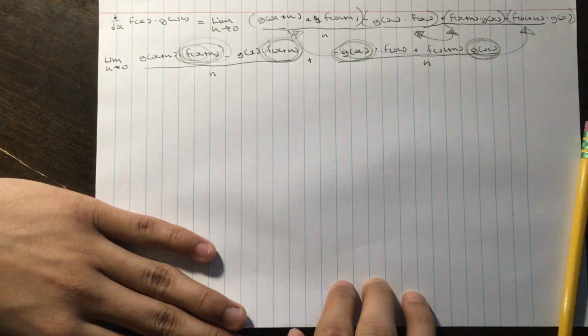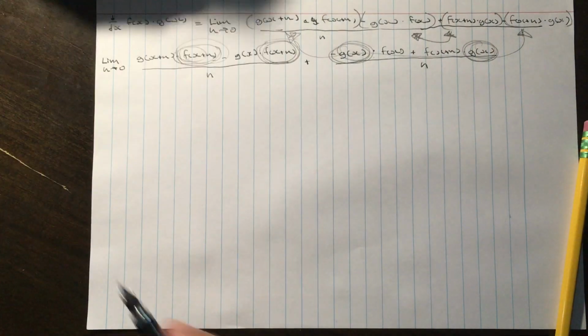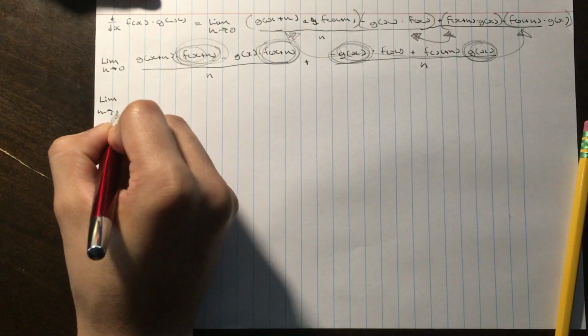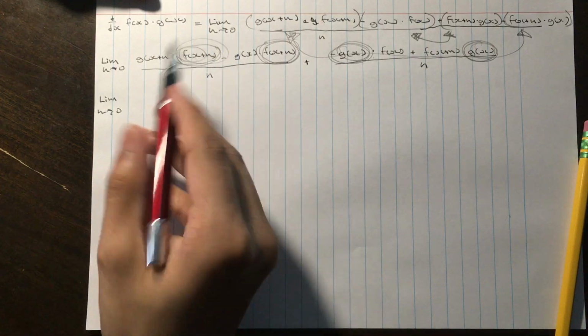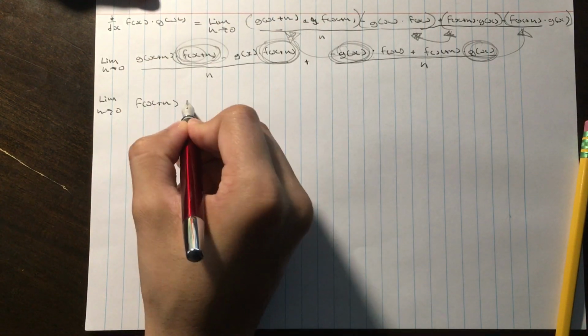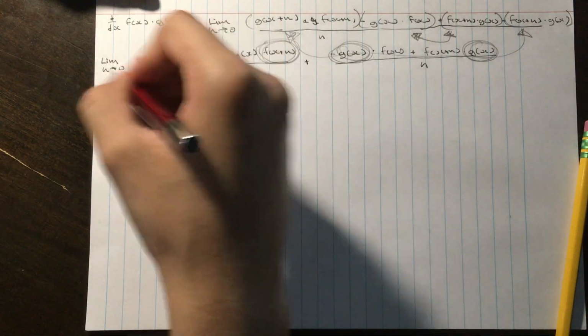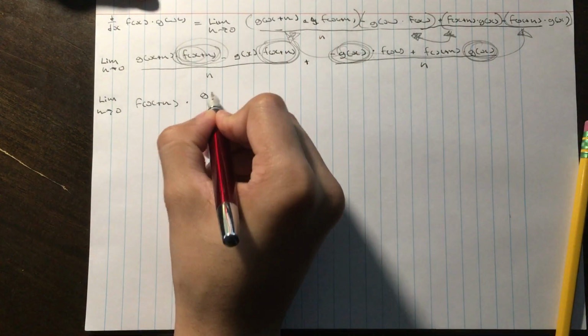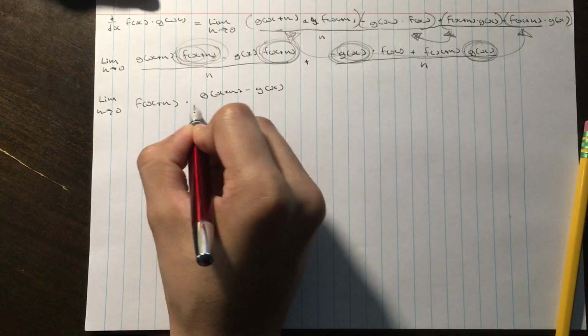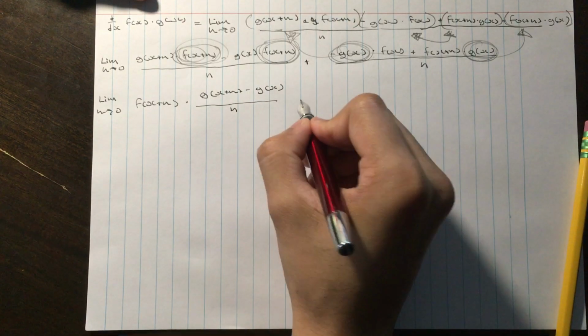So what we can do is put our limit, of course, and we can take out f of x plus n, and then multiply that by g of x plus n, subtract g of x, and of course we can divide by n again.